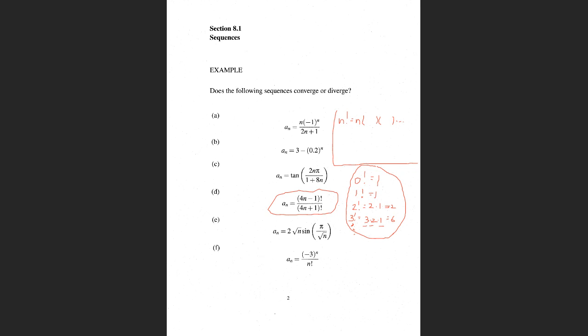So n factorial would be n times what would the next term have to be? That's right, Tina, n minus 1.